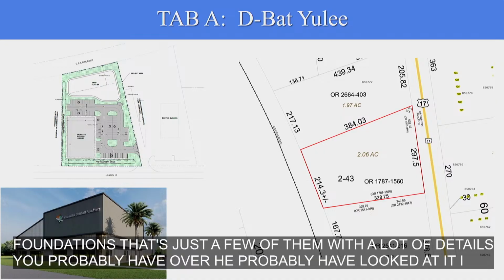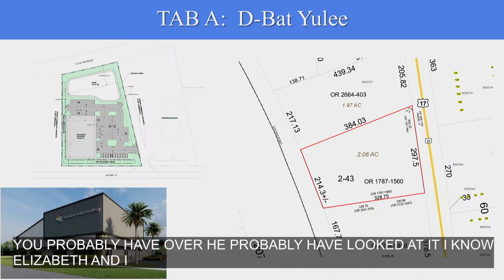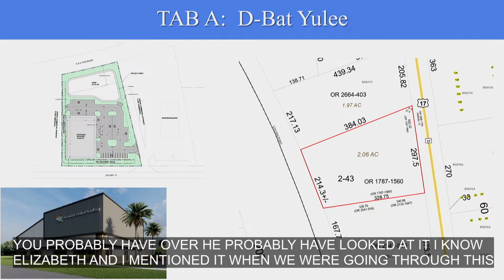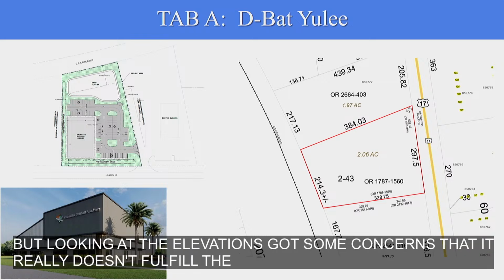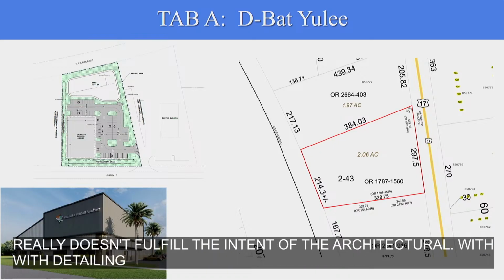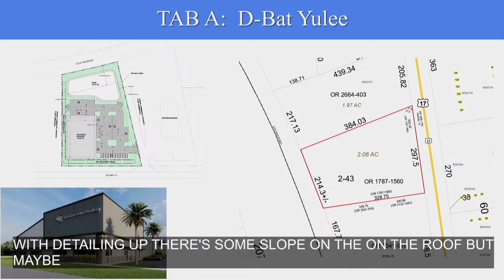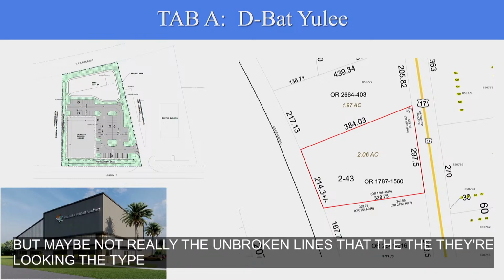I know Elizabeth and I mentioned it when we were going through this, but looking at the elevations, I have some concerns that it really doesn't fulfill the intent of the architectural standards with detailing. There's some slope on the roof, but maybe not really the unbroken lines, the type of detail that they're looking for in that section.